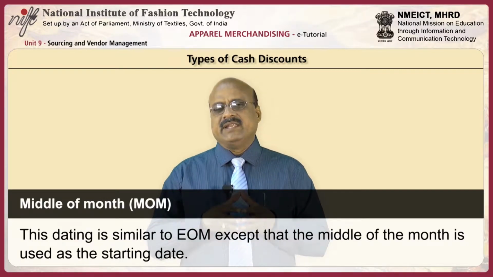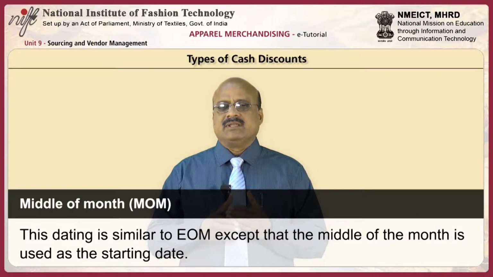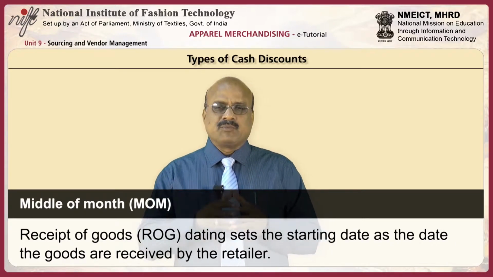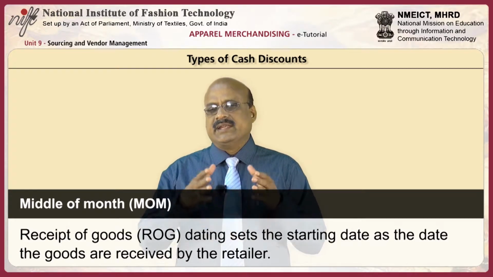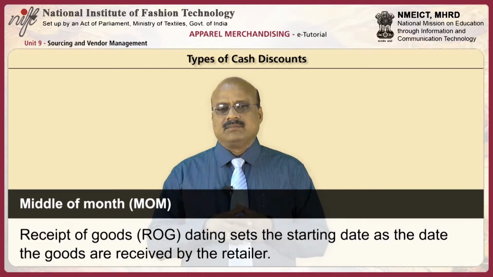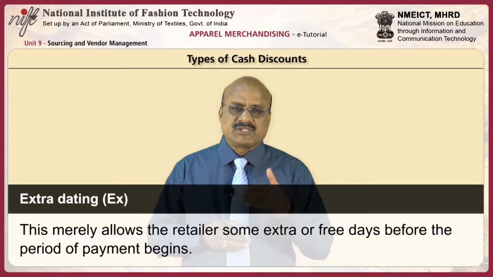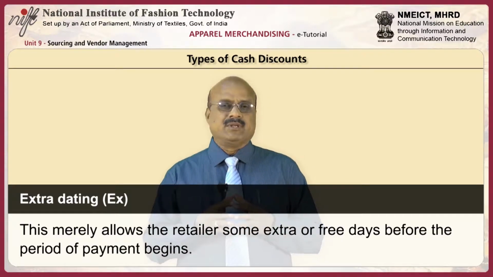Middle of the month dating is similar to EOM except that the middle of the month is used as the starting date. Receipt of goods, ROG, dating sets the starting date as the date the goods are received by the retailer. Extra dating merely allows the retailer some extra or free days before the period of payment begins.